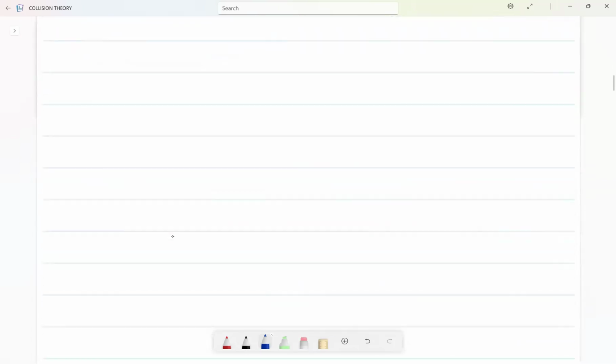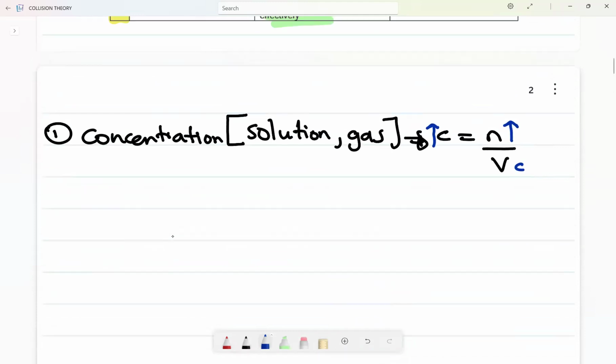Another thing you can take note of: if you are talking about gases, if you decrease the volume, what are you going to do?